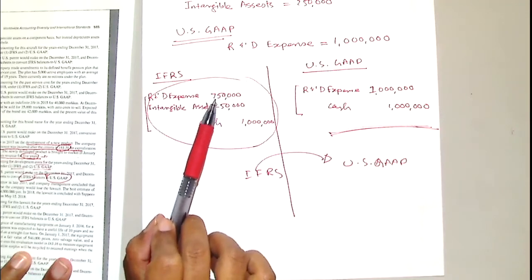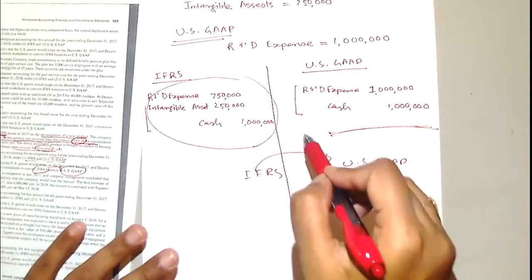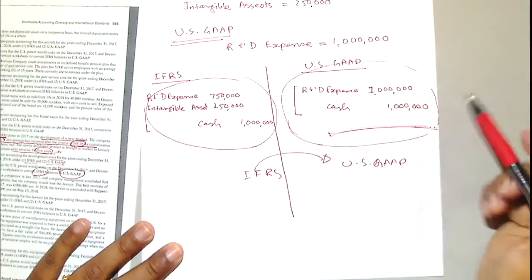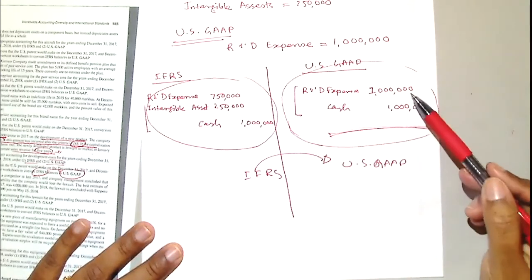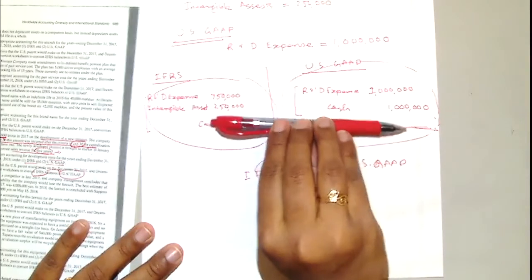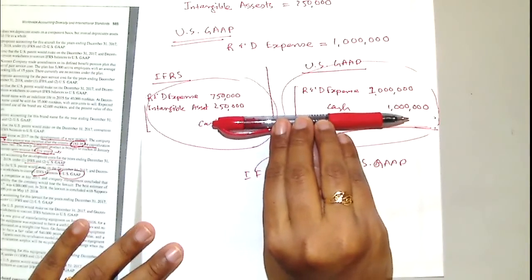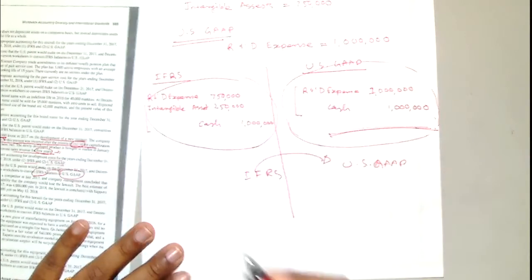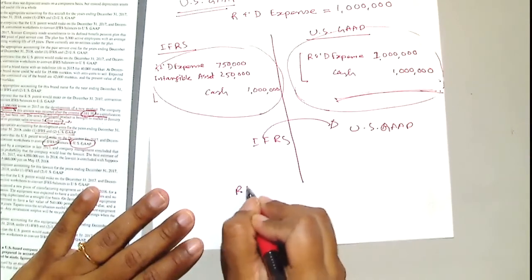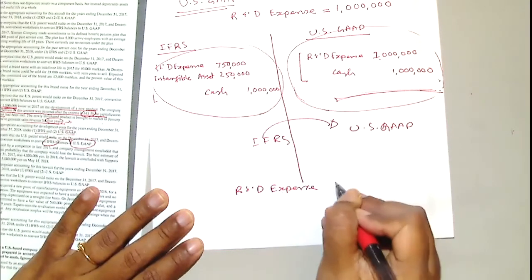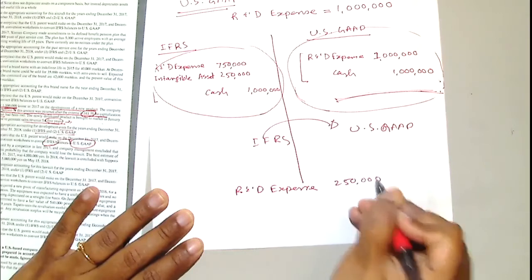Right, so we need to increase this expense because I want to convert it into GAAP. So I want to see this GAAP journal entry or GAAP reflection. So first thing, look at the expense. Cash is fine. We don't need to do anything with the cash. But look at the expense. Expense is understated. So we need to increase expense. So the conversion entry, we have to increase R&D expense. It was understated by 250.